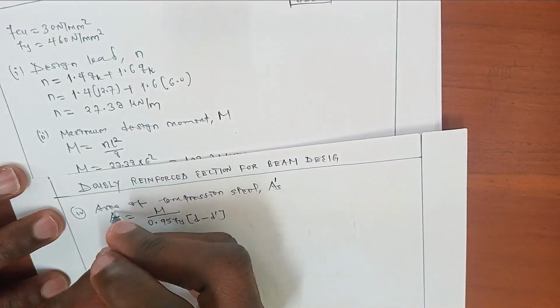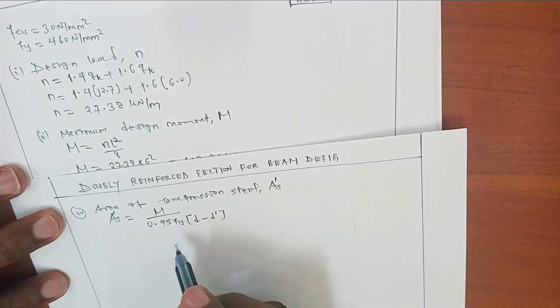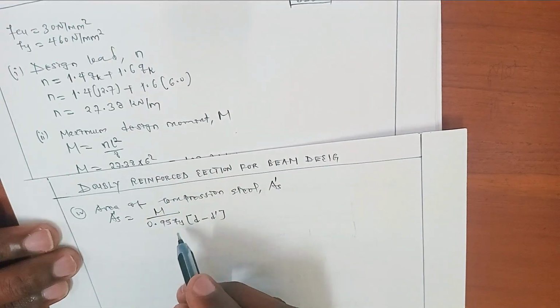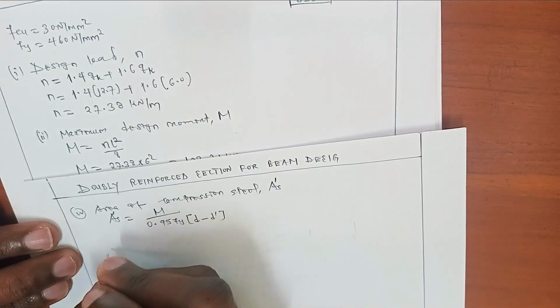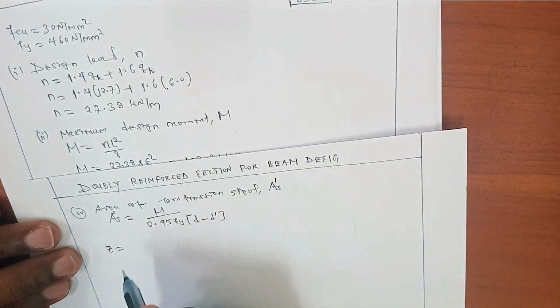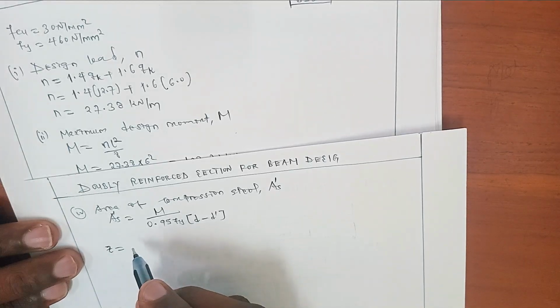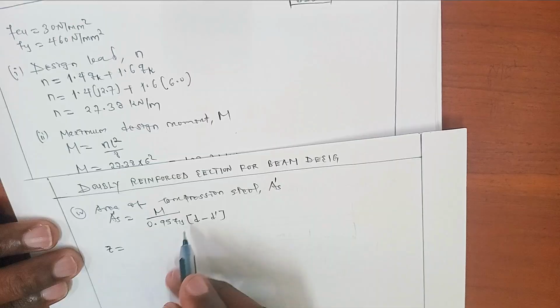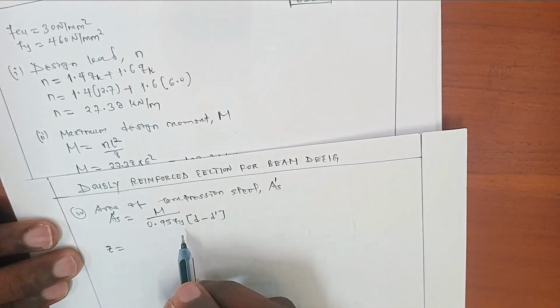Before finding this as the area of compression steel, it will be required to find the value of Z, so as to determine whether the compression is yielded or not.